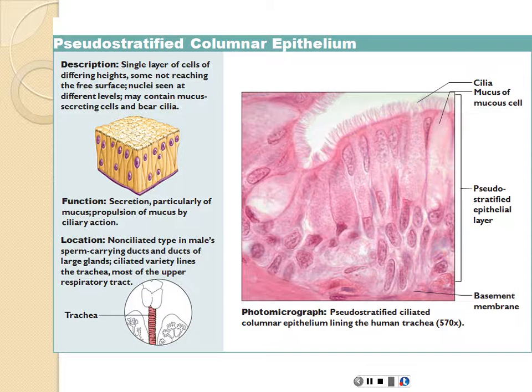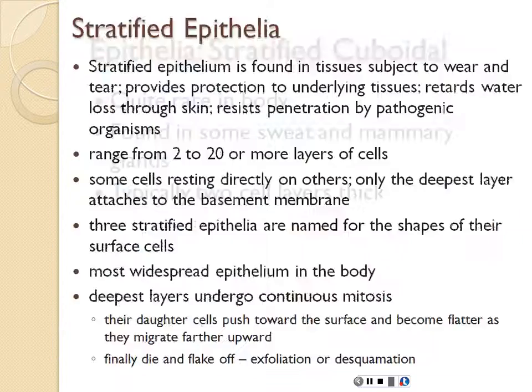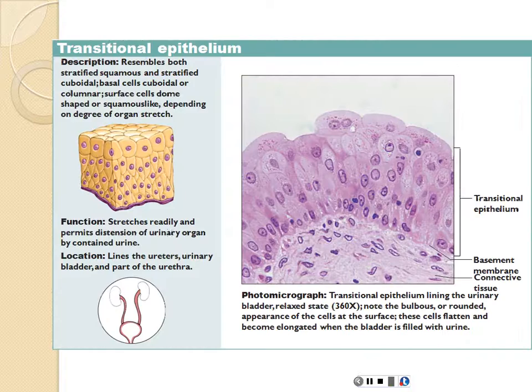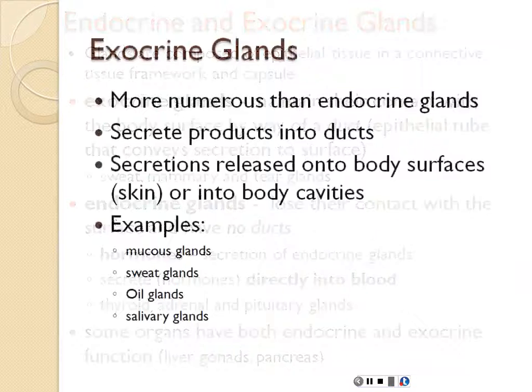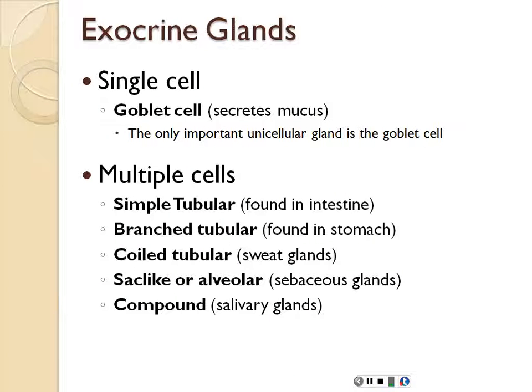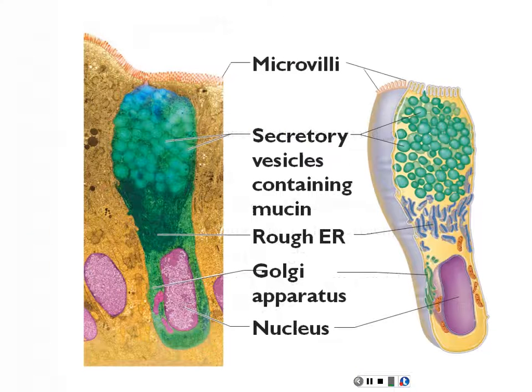Okay. So I was wanting to see if they had a labeled goblet cell there. So that's what goblet cells are. Single cells that secrete mucus. And most of the exocrine glands are multicellular. And these are just some of the categories that you all don't really need to know for the test.